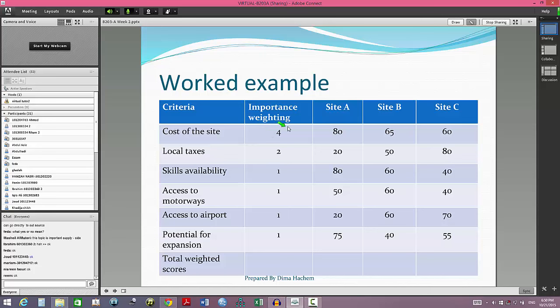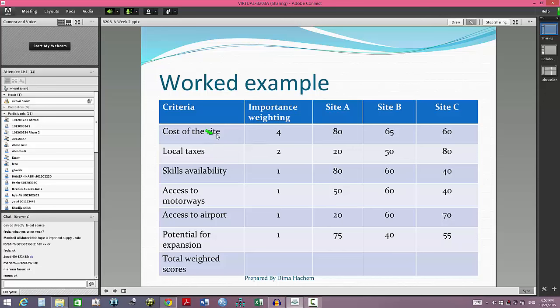Okay, the first one, the cost of the site, we give it 40%. 4 means 40%, because in our opinion this is the most important driver for our decision.